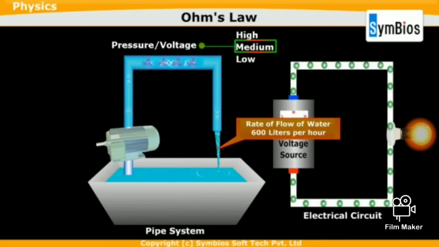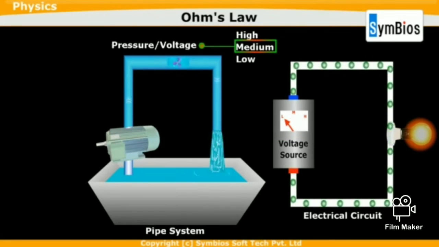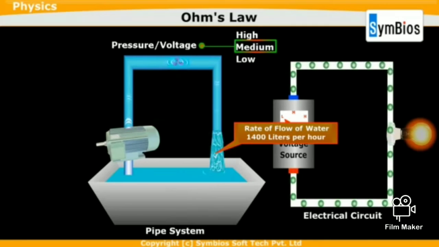Now, let us remove 3 turbines, keeping the pressure of the pump constant, and observe. We have reduced the resistance and we can see that the rate of flow of water is increased. This demonstrates that the resistance is inversely proportional to the rate of flow.